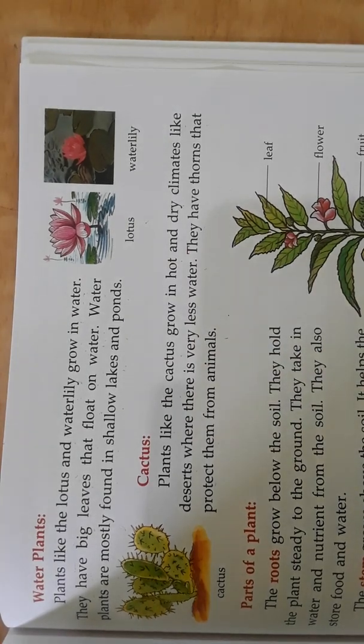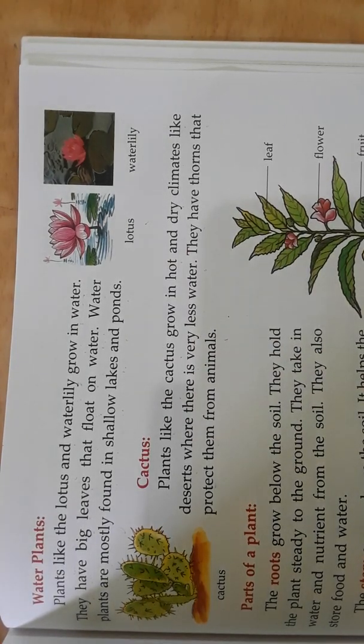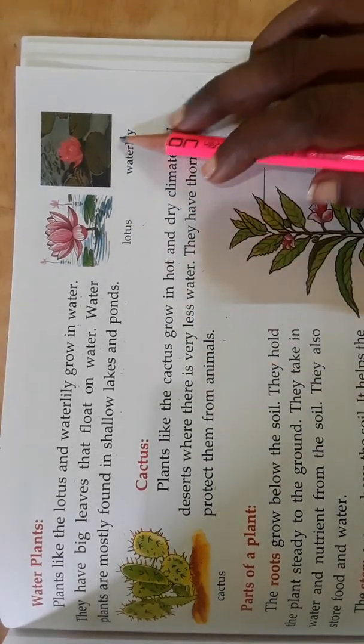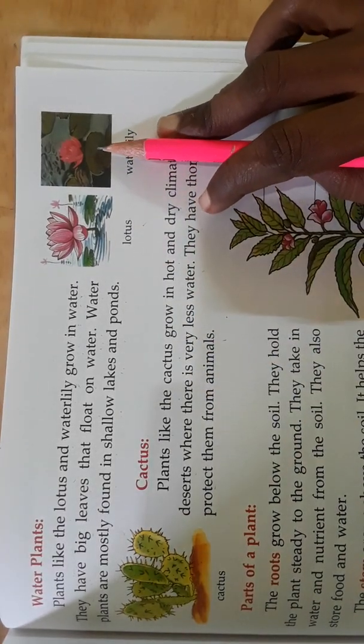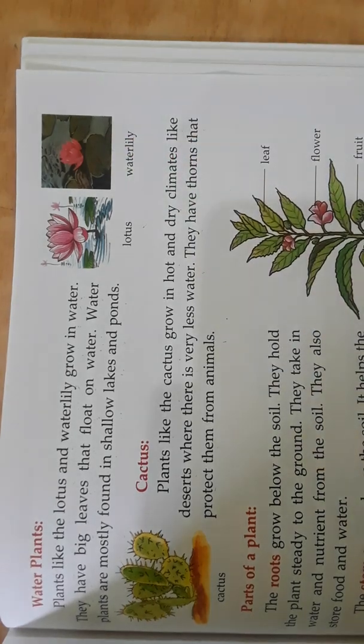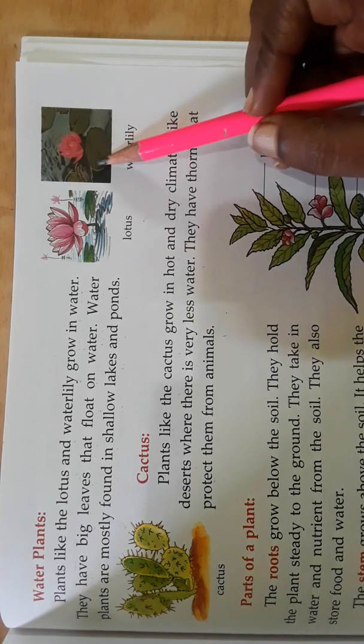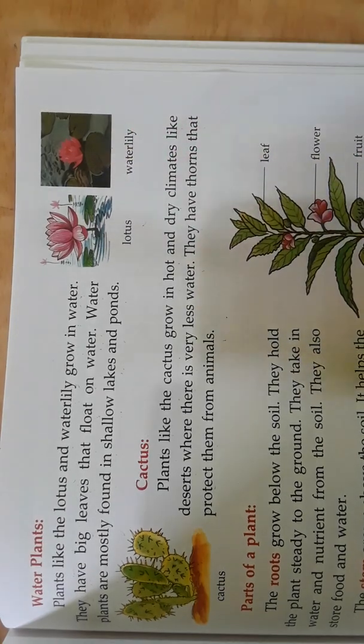So children, plants like lotus and water lily grow in water. This is lotus, this is water lily. They have big leaves that float on the water.